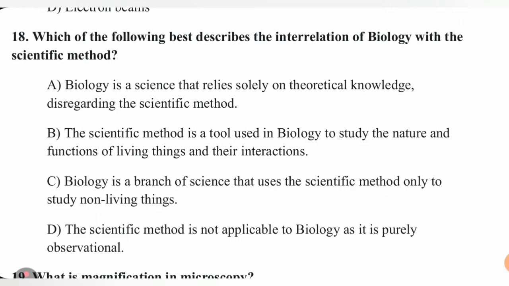B. The scientific method is a tool used in biology to study the nature and the functions of living things and their interactions. C. Biology is a branch of science that uses the scientific method only to study non-living things. D. The scientific method is not applicable to biology as it is purely observational.